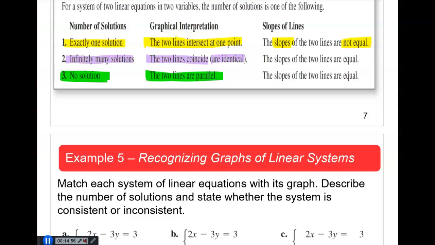It is because they have the same slope, but different y-intercept. No, I'm sorry. They're overlapping, so they have the same slope and the same y-intercept, because they're the exact same line.